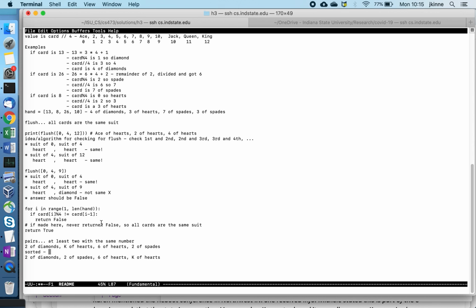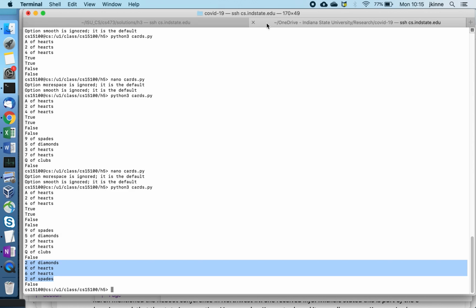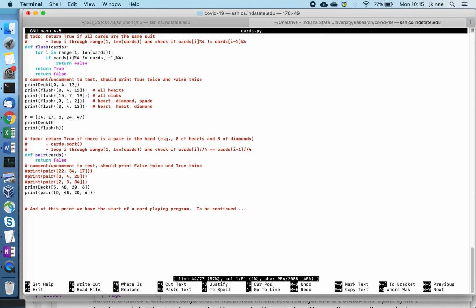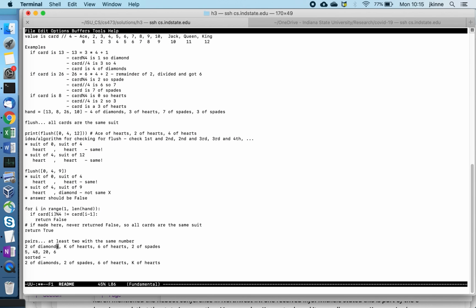And I can just sort them based on number. So the numbers for that was this, and you could run the remainders and quotients to make sure that you agree with that.